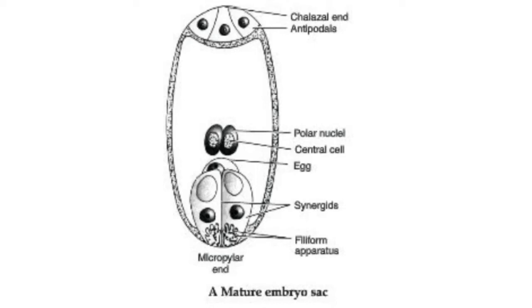Following are the different stages in the development of a female gametophyte. The functional haploid megaspore is the first cell of the female gametophyte of angiosperms. It enlarges in size to form the female gametophyte, also called the embryo sac. Its nucleus undergoes mitotic division to form two nuclei that move to opposite poles, forming a two-nucleate embryo sac.